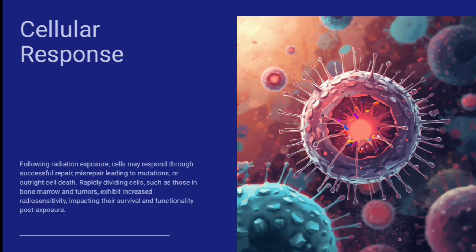Misrepair: incorrect repair leads to mutation, which may contribute to carcinogenesis. Cell death: the cell undergoes apoptosis or loses its ability to reproduce. Cells that divide rapidly have less ability to repair damage. Bone marrow, gastrointestinal epithelium, and tumor cells are representative examples.